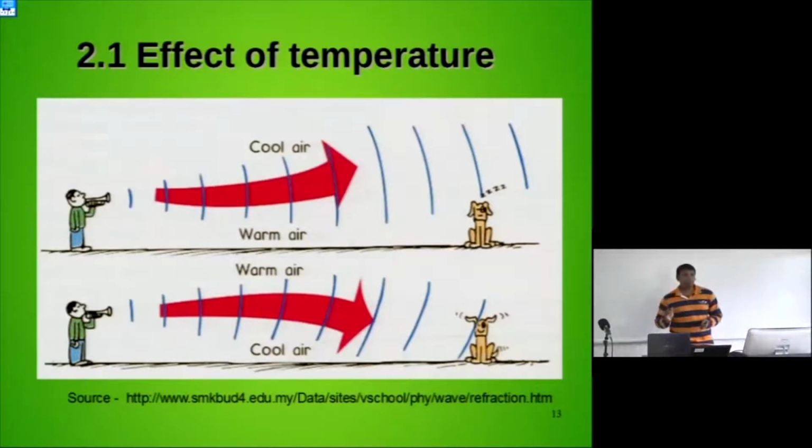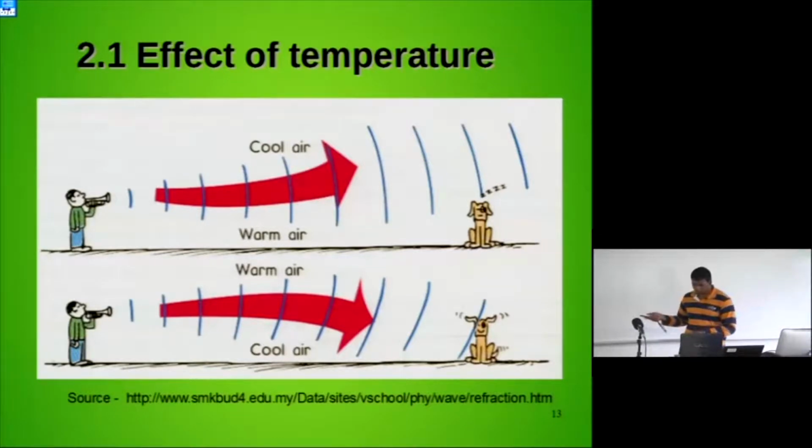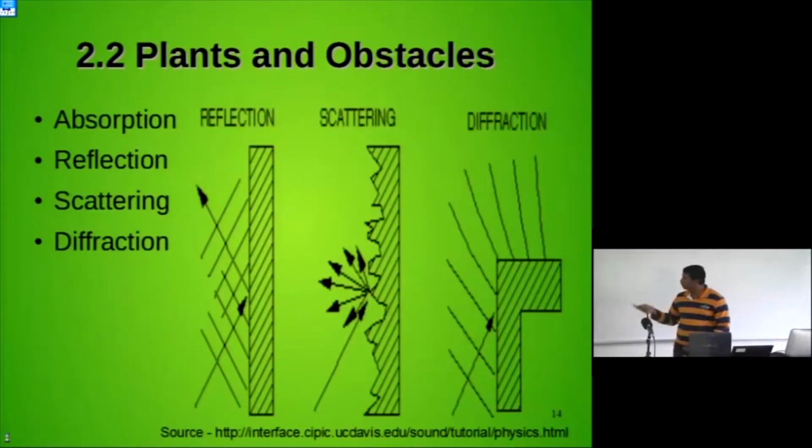The temperature will change the sound direction. That's a problem. In the greenhouses, the temperature actually changes with time, and we normally have a temperature control system. And this is the warm air. So the plants pose a different problem.